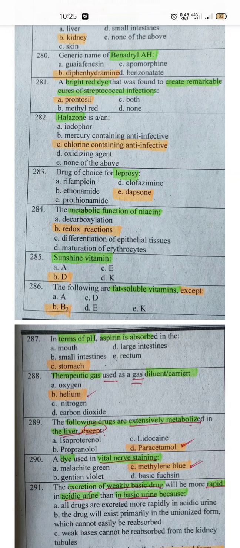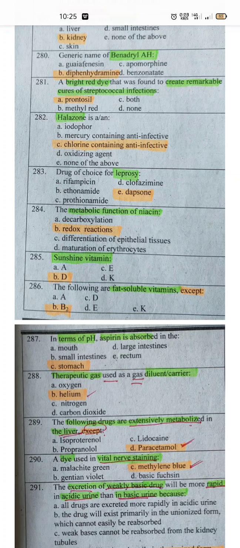Dapsone is used in the treatment of both lepromatous and tuberculoid types of leprosy. It is the drug of choice for both types.